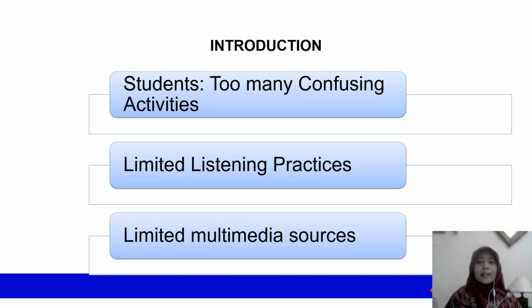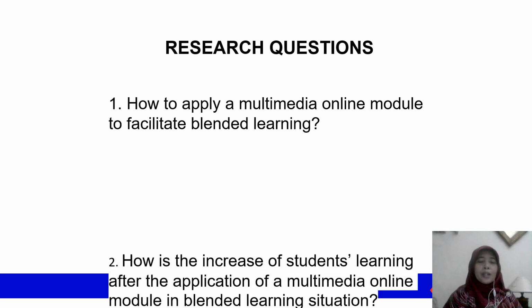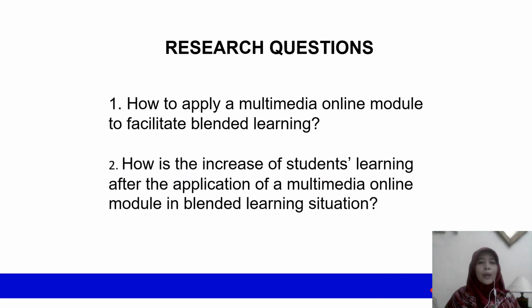This background leads into the research questions. The first one: how can we apply a multimedia online module to facilitate blended learning? And the second one: how is the increase of students' learning after the application of a multimedia online module in a blended learning situation?